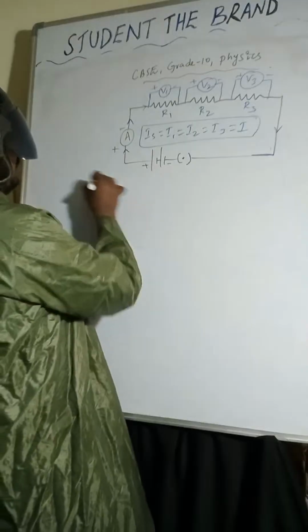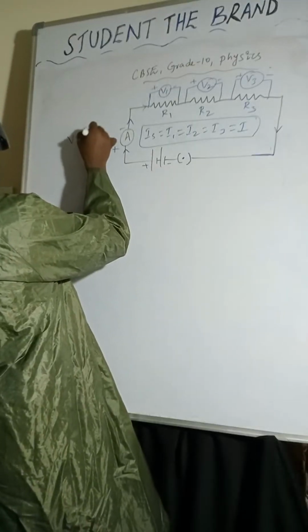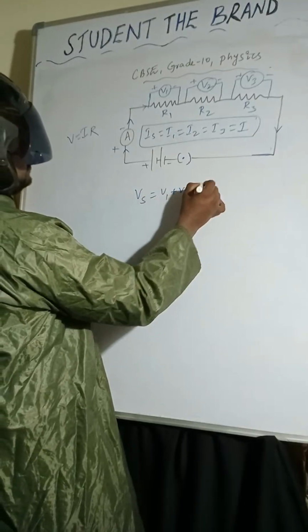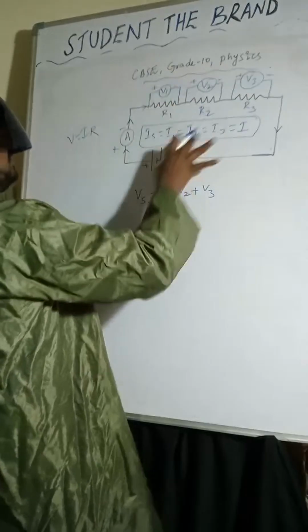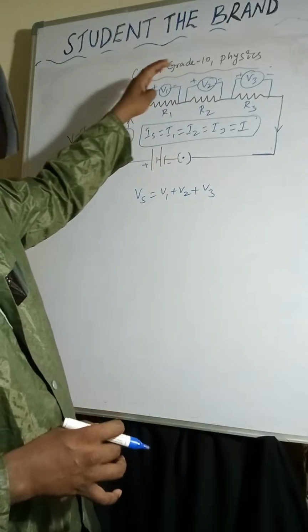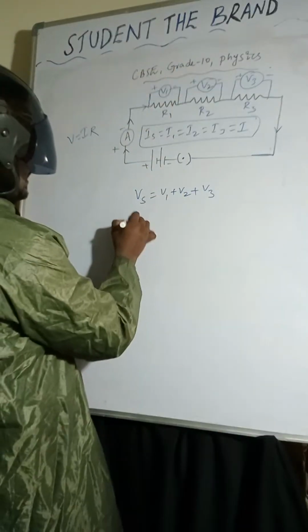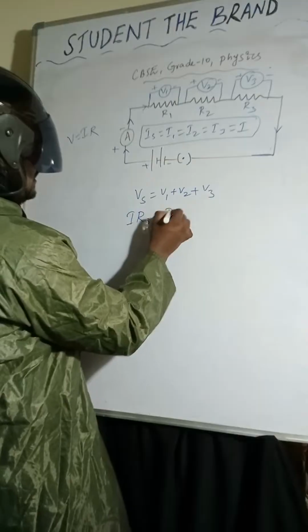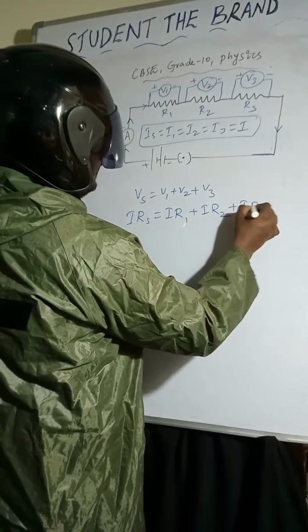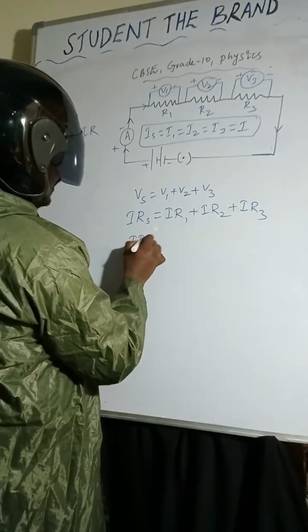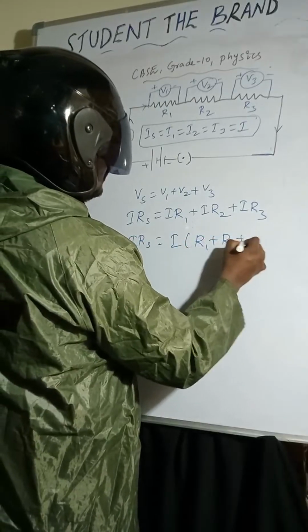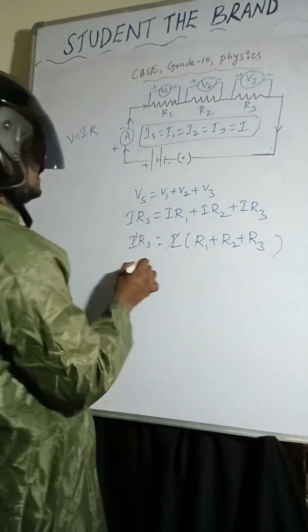Okay, now from Ohm's law, V equal to IR. So Vs equal to V1 plus V2 plus V3, because the potential difference in the series combination is V1 plus V2 plus V3. So IRs equal to IR1 plus IR2 plus IR3. Now I am taking I common: R1 plus R2 plus R3. So I cancels.